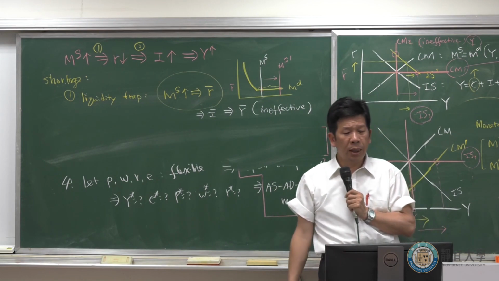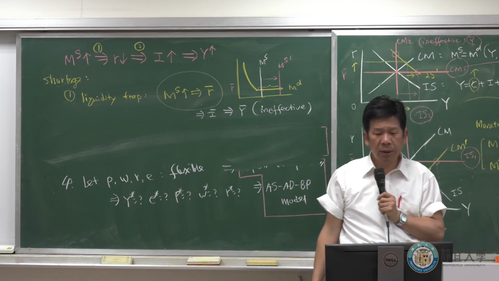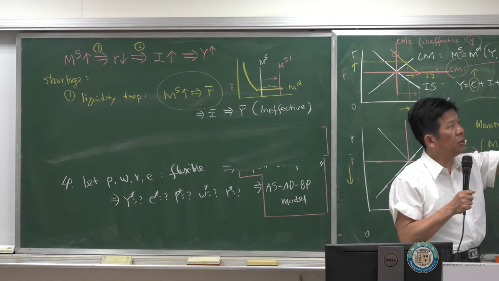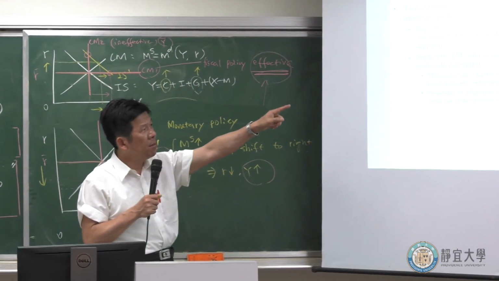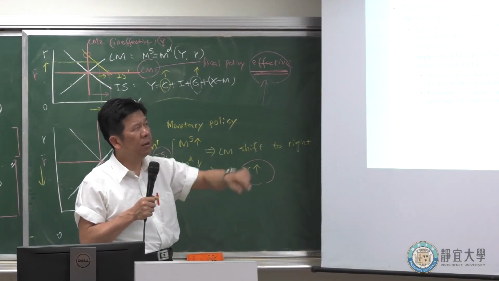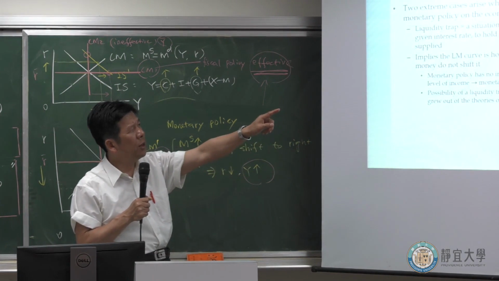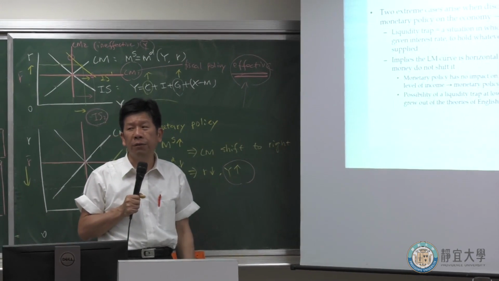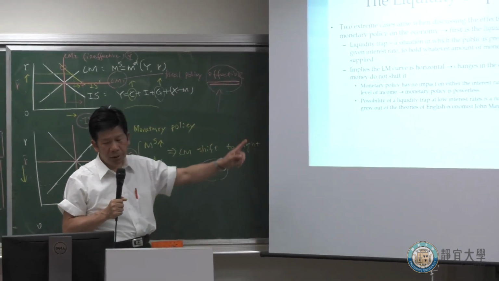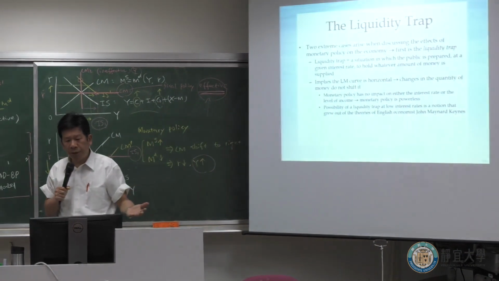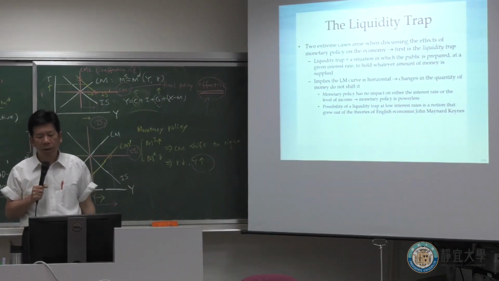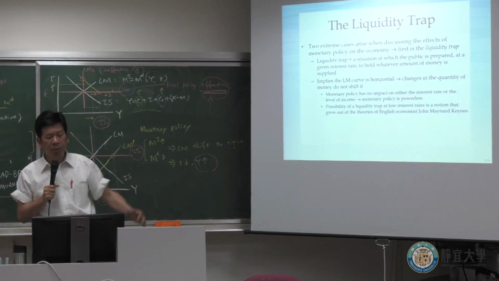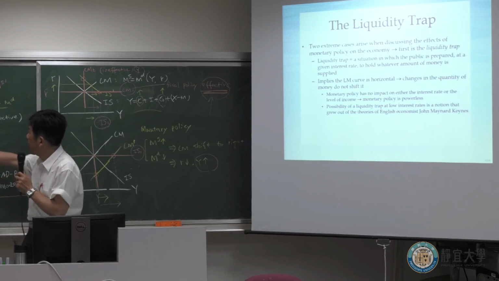Here you can see the liquidity trap implies the LM curve is horizontal. So a change in the quantity of money doesn't shift it. It represents that monetary policy has no impact on either the interest rate or the level of income. So here it is constant.